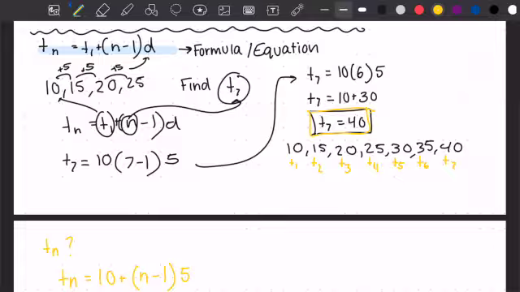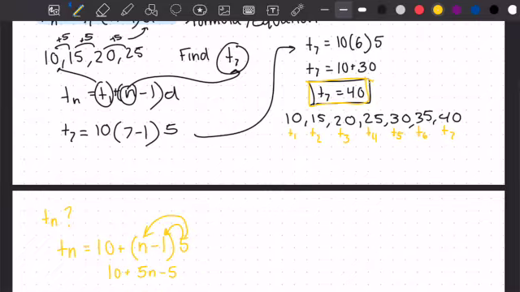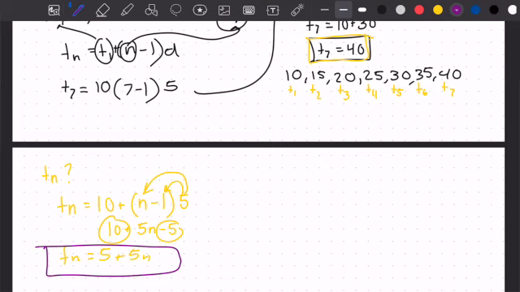It's going to be 10 plus 5n minus 5, because I've expanded and multiplied the 5 inside the brackets. Then 10 minus 5 is 5, plus 5n, is equal to Tn. That's all I can do because I don't know Tn or n.